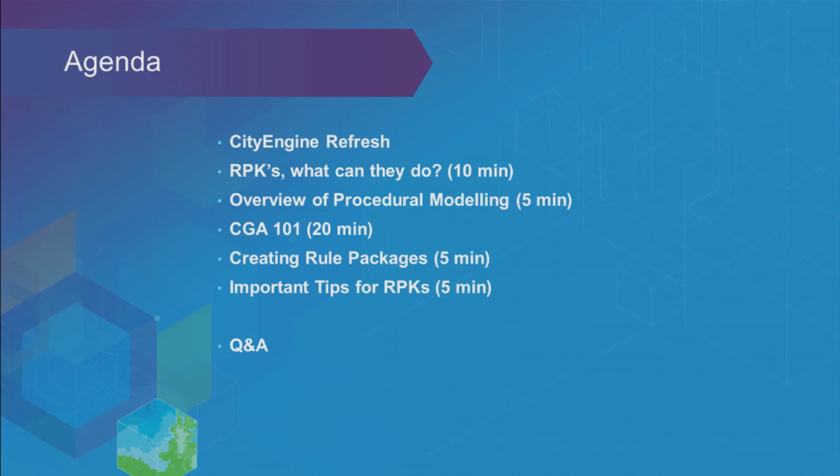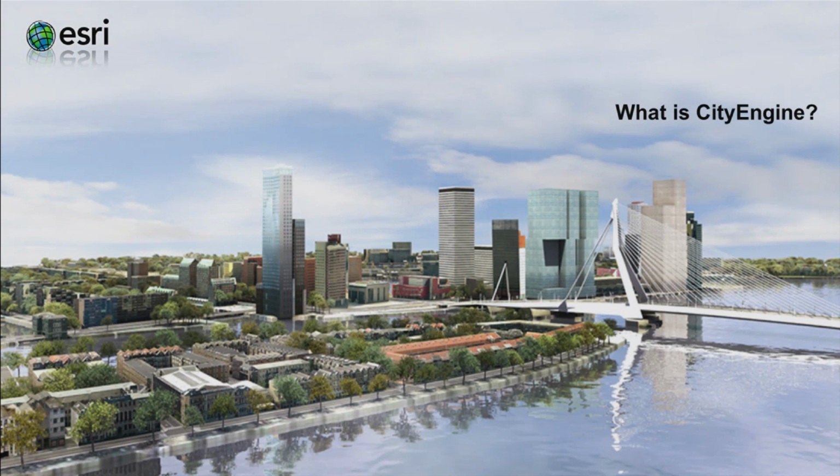Then I'm going to talk about creating rule packages, sharing rule packages to ArcGIS Online, and then just touch on some tips and tricks that you should be aware of when you're creating rule packages for ArcGIS Pro, and we'll end with a Q&A.